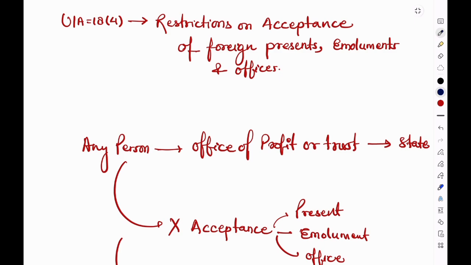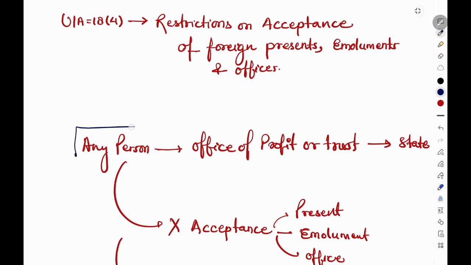So Article 18 clause 4 basically says there are restrictions on acceptance of foreign presents, emoluments or office. That is, any person holding an office of profit or trust under the state cannot accept foreign gifts, benefits or offices without the President's consent. So here, any person includes what?